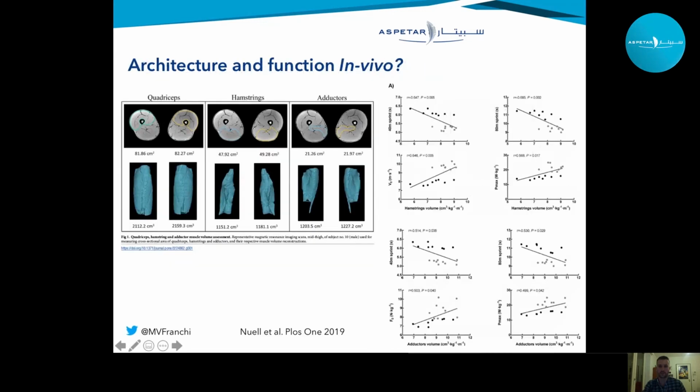But more on that in new research. So when we talk about architecture and function in vivo, we basically have to see what's out in the literature. This is a study that shows that less sprint time was related to bigger muscles, so bigger volumes.